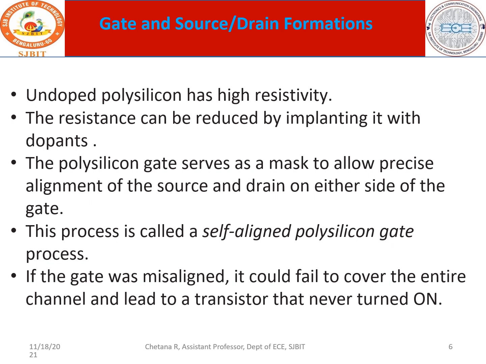Undoped polysilicon has high resistivity. That is, polysilicon normally offers resistance. So what is the reason for the polysilicon to exhibit this resistance? The reason is the polysilicon material itself.